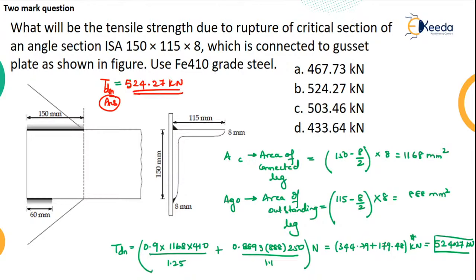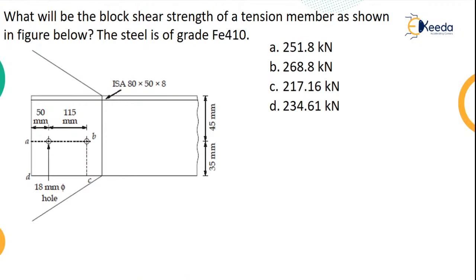Is it clear? I hope you have understood this particular question. Alright, so this is the first question from your 2 marks questions. Let us move on to the second question.